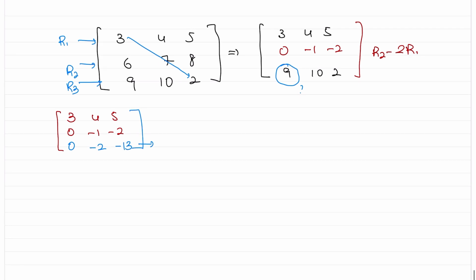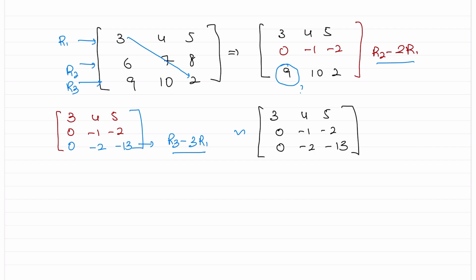Here what is the operation I have done? R3 minus 3R1. With these two elementary operations, I have found the equivalent matrix as 3, 4, 5, 0, minus 2, minus 2, 0, minus 2, minus 13.